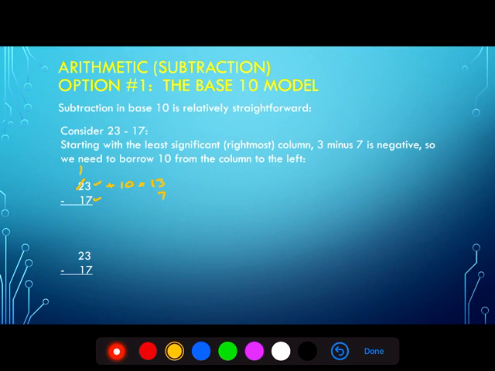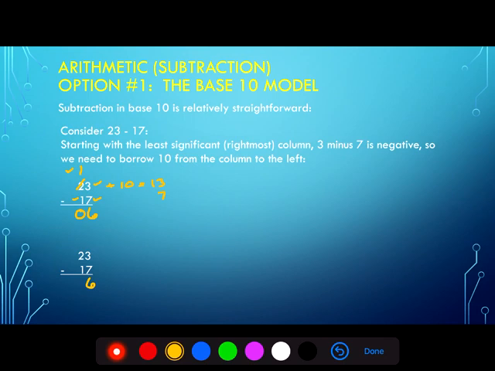And then we can take 7 from 13 and get 6. After that, we can then do the next subtraction and subtract 1 minus 1 and get 0. And as expected, 23 minus 17 is 6, using this basic subtraction method.